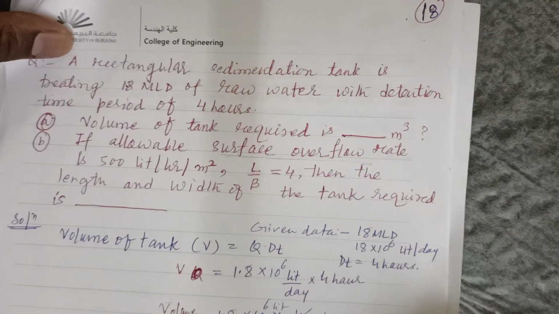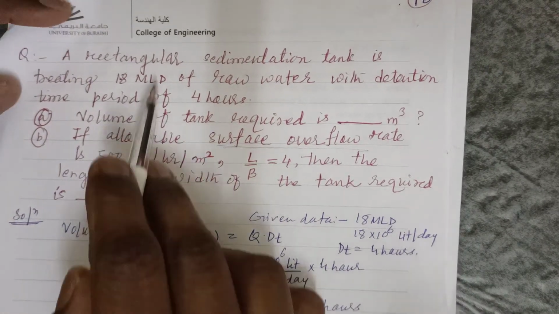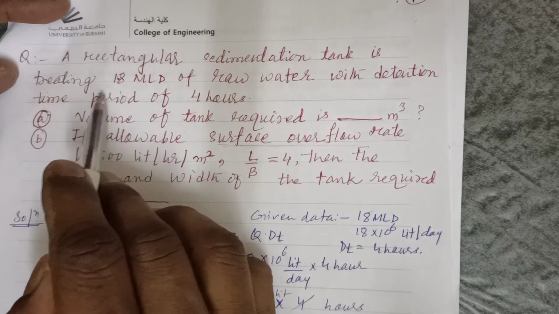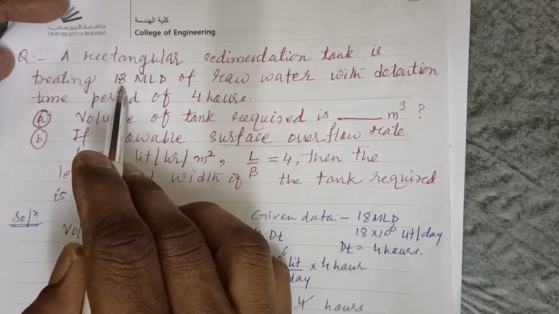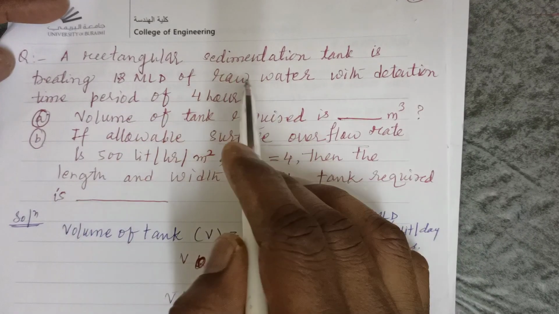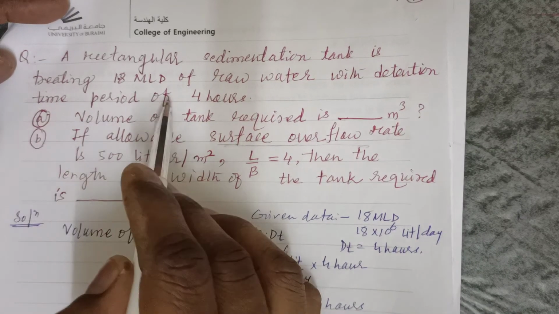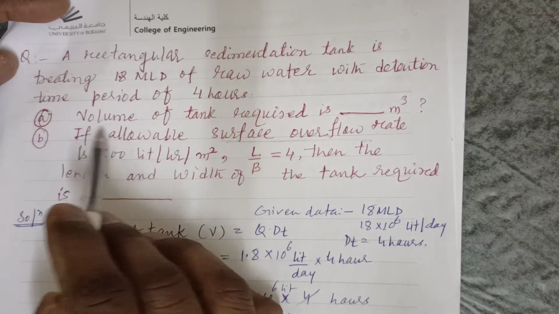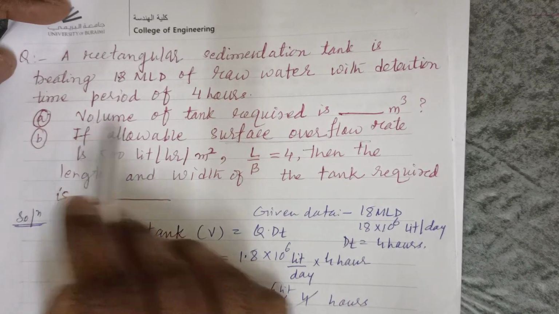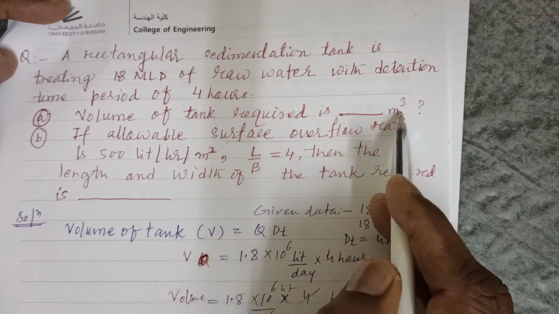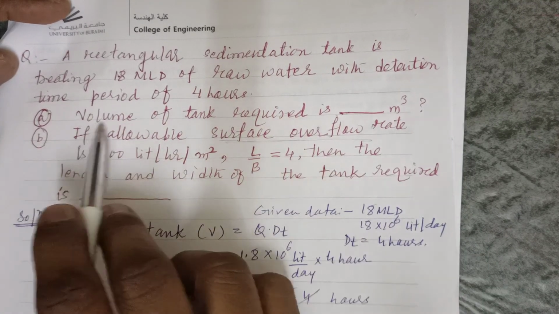So here I will read the problem. A rectangular sedimentation tank is treating 1.8 mld of raw water with detention time period of 4 hours. Volume of tank required is dash dash dash meter cube. So we have to find volume.